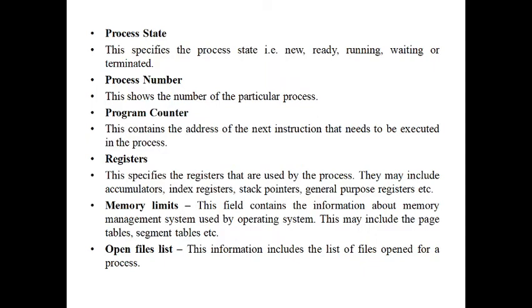Process number is nothing but process id. Each and every process will have a separate process id. This process id tells about the process. A unique process id will be there for each and every process, because there should be no ambiguity between the processes. So that is the reason a unique id is given to each and every process, so that if the operating system wants to allocate resources to the process, by looking at the unique ID of the process, it will allocate.